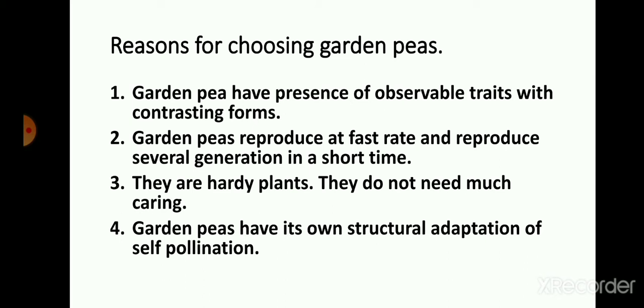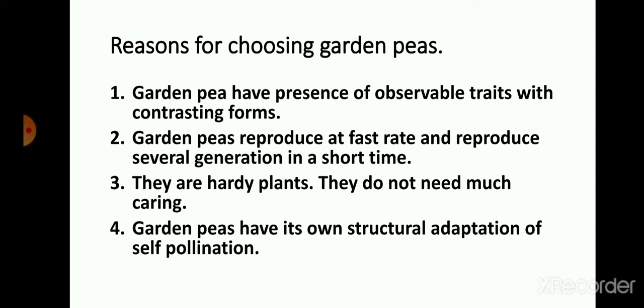So these observable traits have contrasting forms, that is they are in contrast to each other. Means one plant is tall and one plant is dwarf. One plant has a purple flower, one plant has a white flower. So this is the contrasting form of these characters, and these are important observable traits for the study of heredity of characteristics.